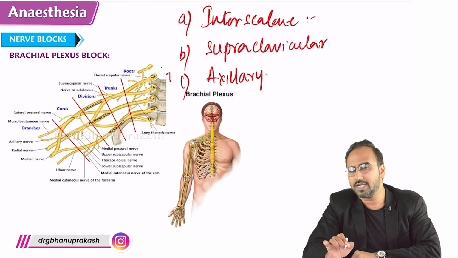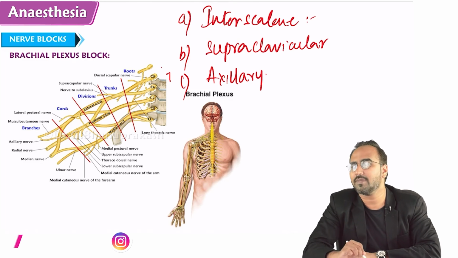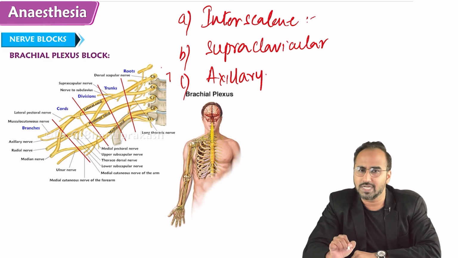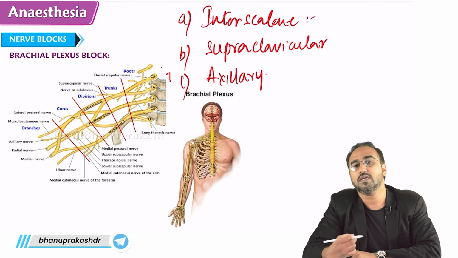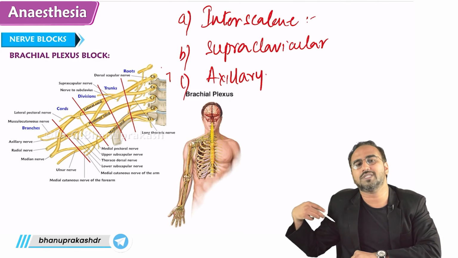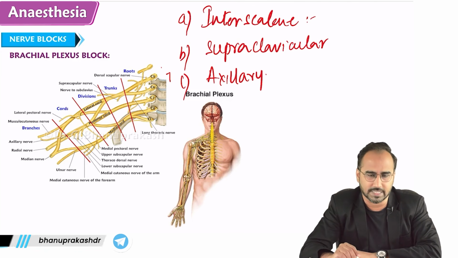You introduce your needle between the anterior and middle scalene to find the brachial plexus. Supraclavicular meaning what? You introduce the needle above the clavicle, 1 centimeter above the midpoint of the clavicle to find the brachial plexus. Axillary meaning what? You introduce the needle through the axilla to find the brachial plexus.